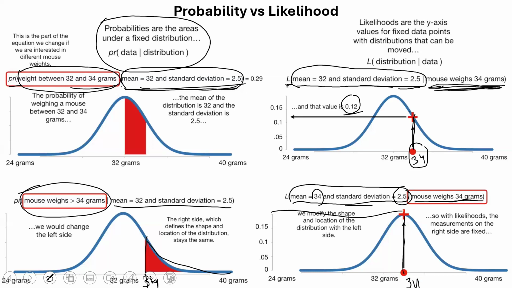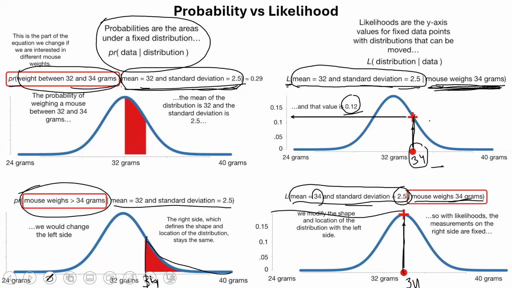In the probability, the distribution parameters are constant, and we would like to calculate the probabilities by calculating the area occupied within the required constants. Whereas in the likelihood, the distribution parameters will change, but what will remain constant? The value on the x-axis, which is the weight of the mouse, remained constant, but the distribution got changed.